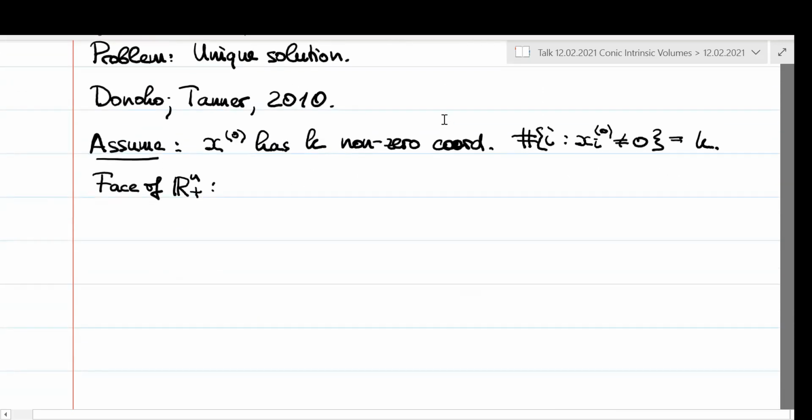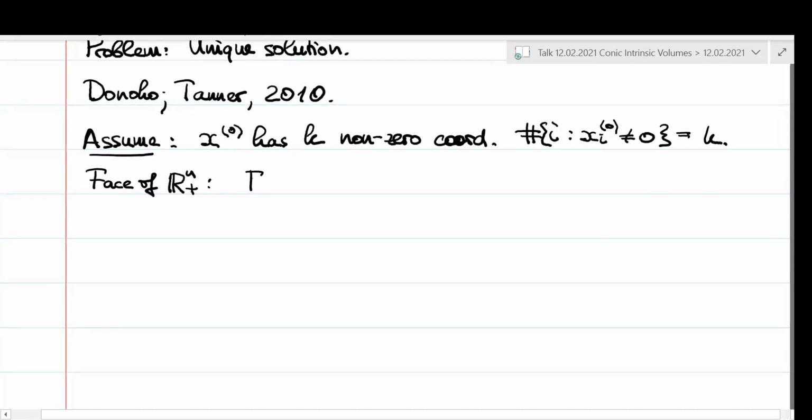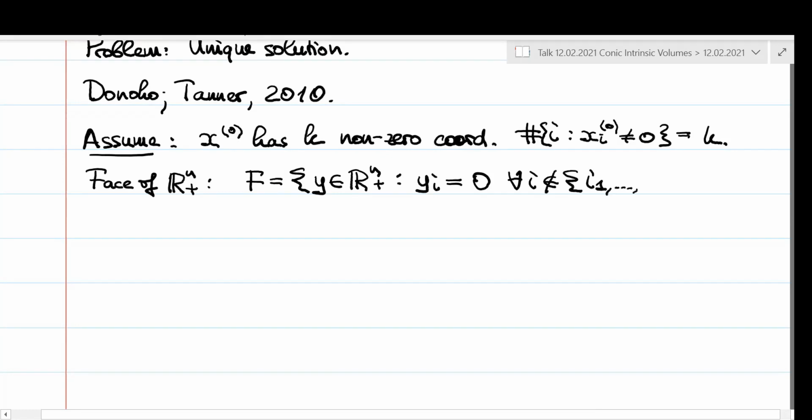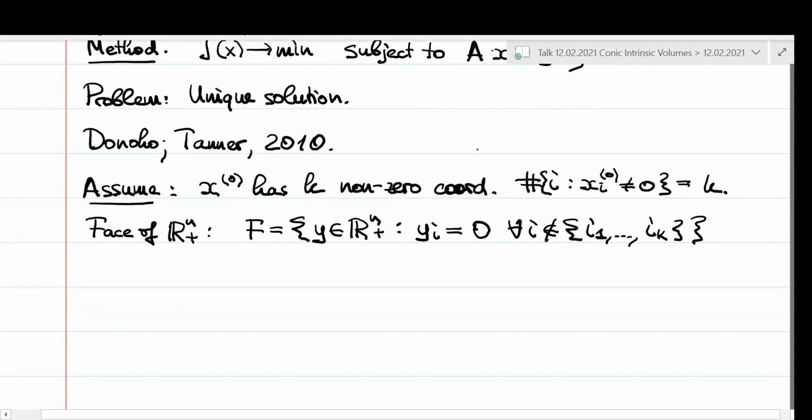And we consider the face which consists of all elements which are 0 at the same places at which x0 is 0. So it is called F, and it consists of all y in Rn plus such that y_i is 0 for all i not equal to i_1, ..., i_k, and i_1, ..., i_k are exactly the places where x0 has non-zero coordinates.